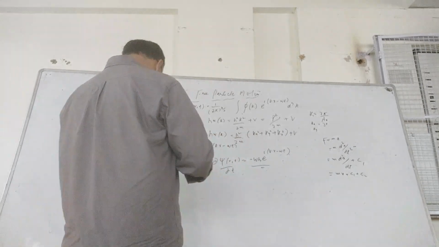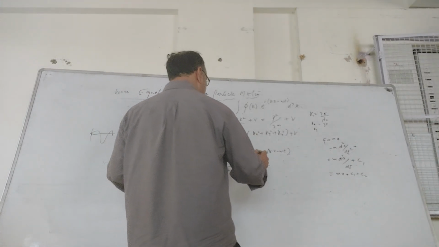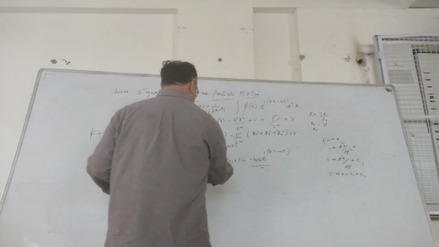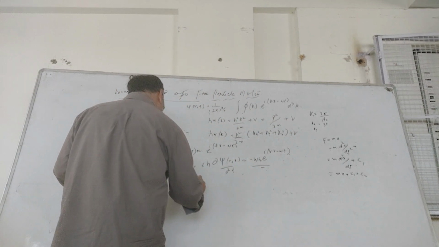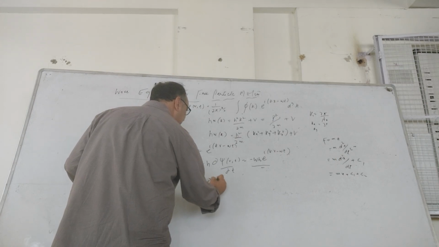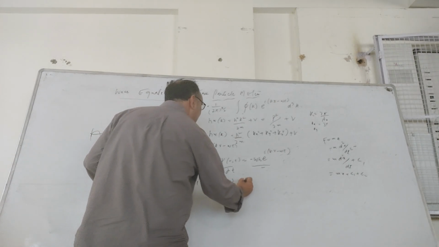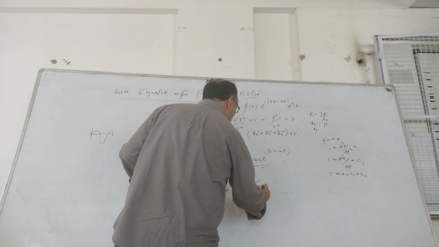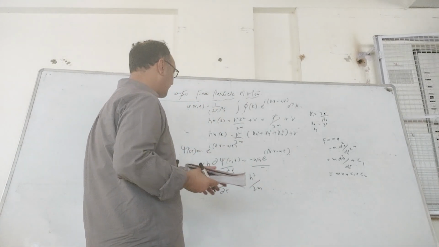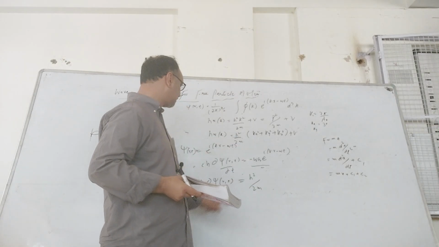So you are going to write this very equation. Left hand side you write as iota h bar d psi of r t by dt, and right hand side h square by 2m, in terms of kx.